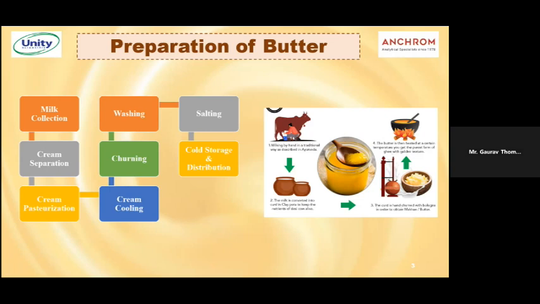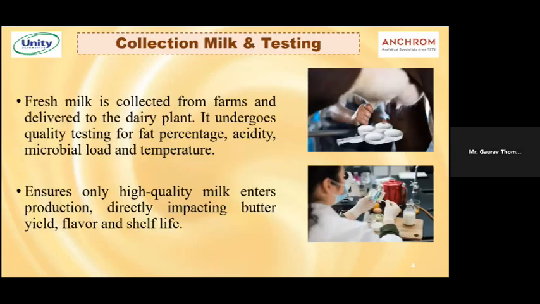Okay, so this was just an overview. Now we'll see how the detailed production of butter happens. Firstly, like I told you, the fresh milk is collected from the farms and undergoes some kind of testing. Of course, the milk has to be tested for different parameters. Mostly, the milk is evaluated for the amount of moisture in it, the fat content, and also the protein content.